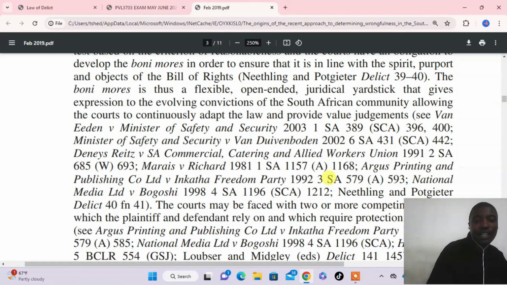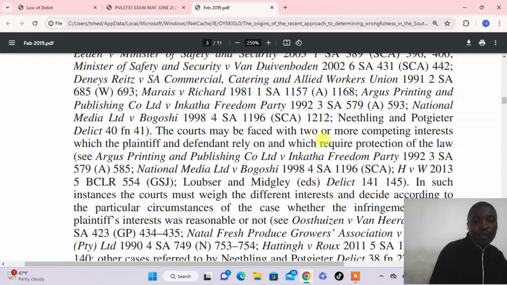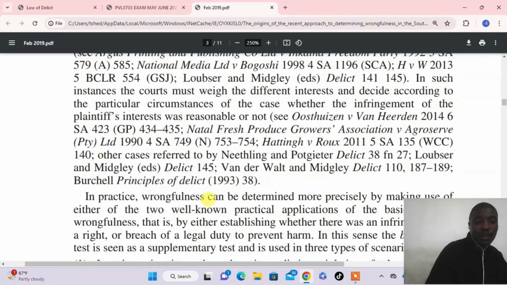And then there are some cases. The court may be faced with two or more competing interests which the plaintiff and defendant rely on and which require protection of the law. And then we can see.